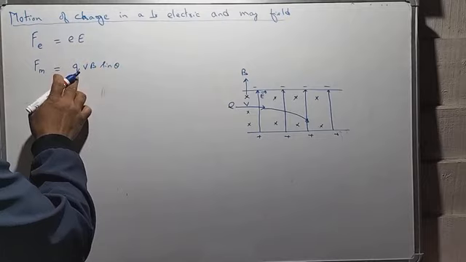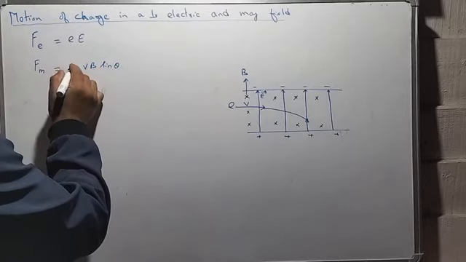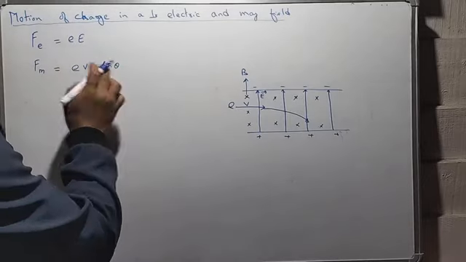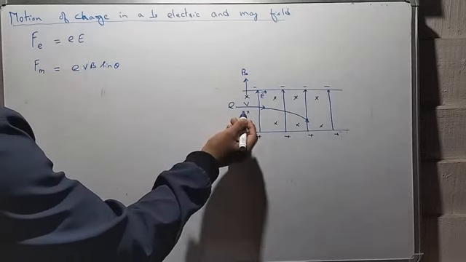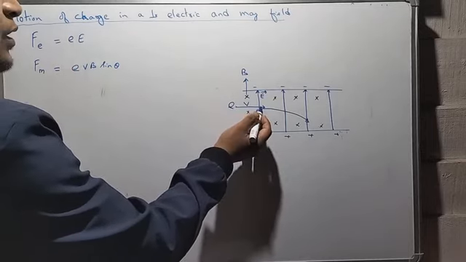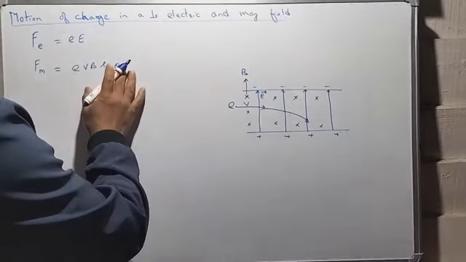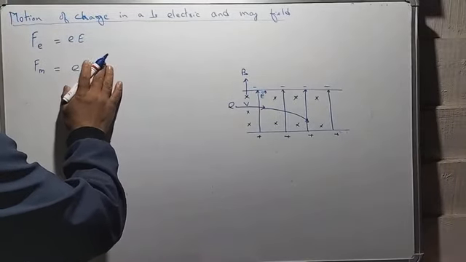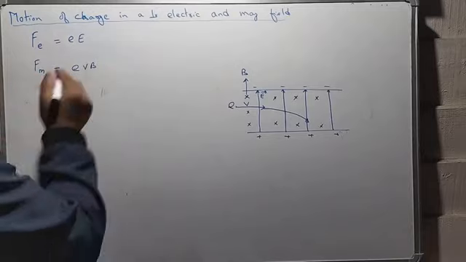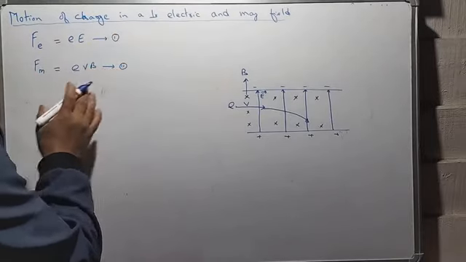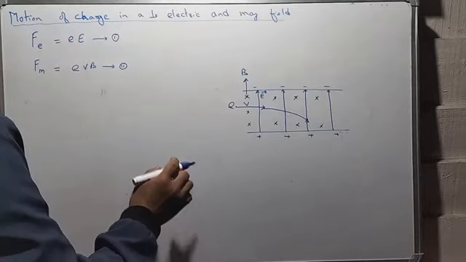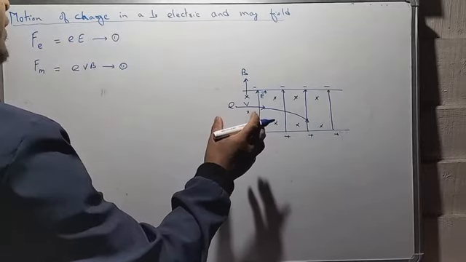In this case, instead of Q, the charge is that of the electron, so we write e. And theta is the angle between V and B. Initially, the angle between V and B is 90 degrees, so sine 90 is 1. So these are the two forces experienced by the electron from the electric and magnetic fields.